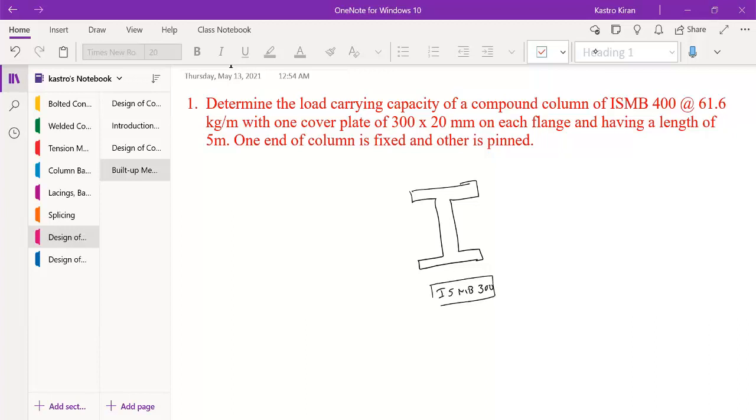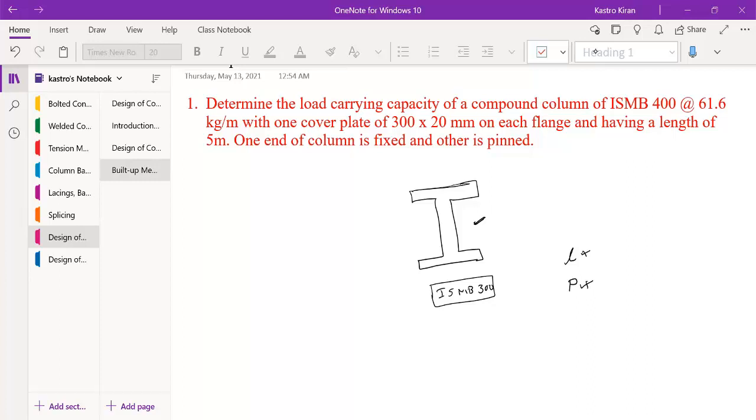You have this standard I section, but you found that this member does not have enough length L, or it cannot bear enough load P. So you have a section and you observed that it does not have sufficient length, and it is also not able to carry sufficient load.